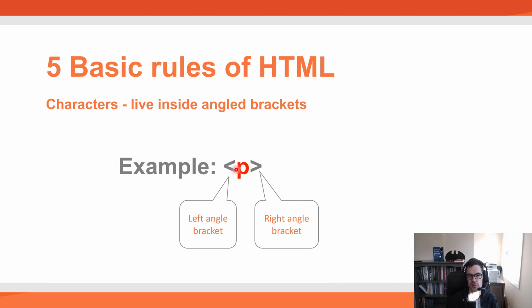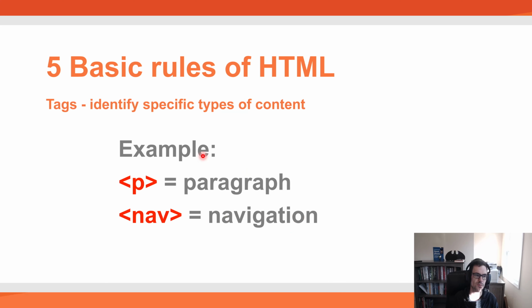So when you write HTML, you're going to find that the different characters, whether it be a p tag, nav tag, whatever the tag is, there's lots of different tags, and they have a left and a right angle bracket on either side, and then the actual character goes inside the middle. So characters live inside angle brackets. That's basic rule number 1. Basic rule number 2, tags identify specific types of content.